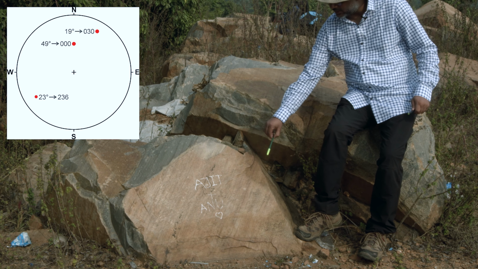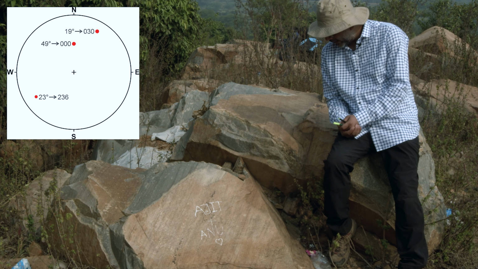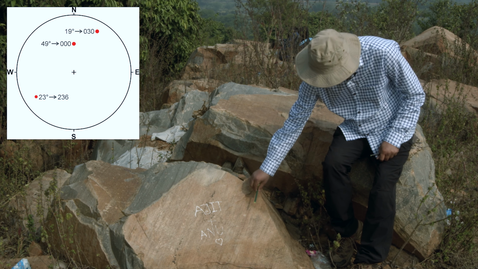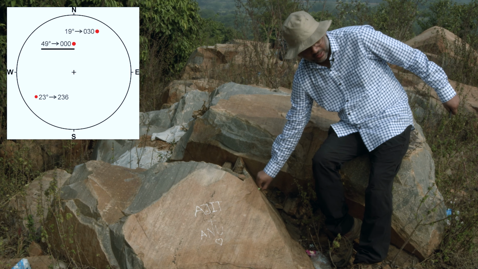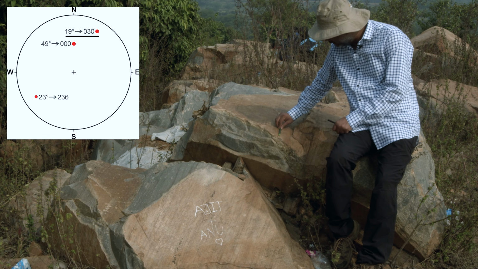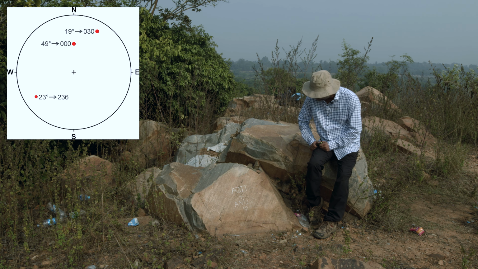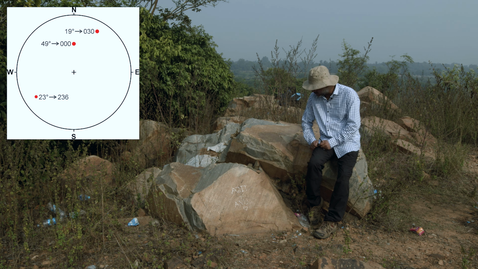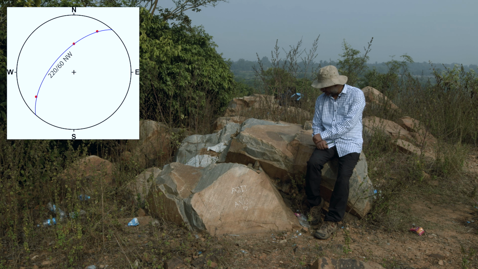So, 3 different lineation orientations I can measure, and you can see the data on the screen. We have plotted these 3 lineation data as 3 distinct points on the StereoNet, and based on that we can figure out the orientation of the bedding plane.